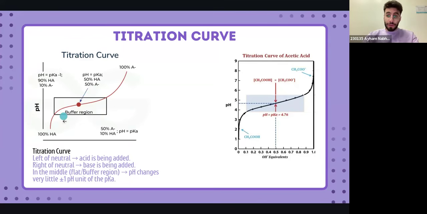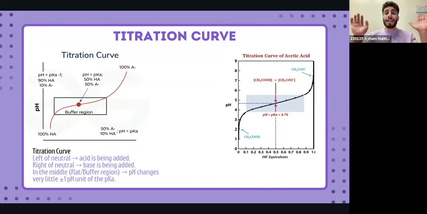Once we go to the left, that means we are donating protons, we are losing protons, and adding acidic solutions or acidic molecules, which is the HA represented in the equation. The pH would decrease and the pKa would decrease. That means that the solution is becoming more acidic, a stronger acidic solution.